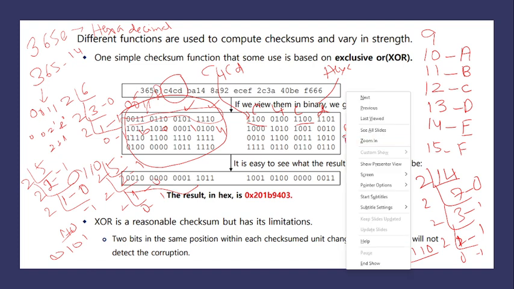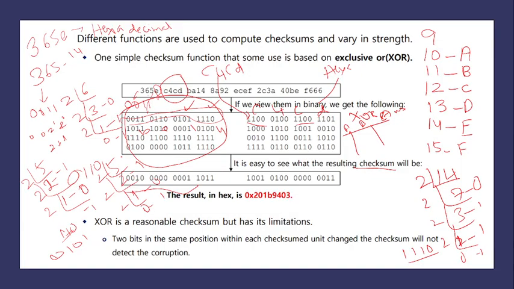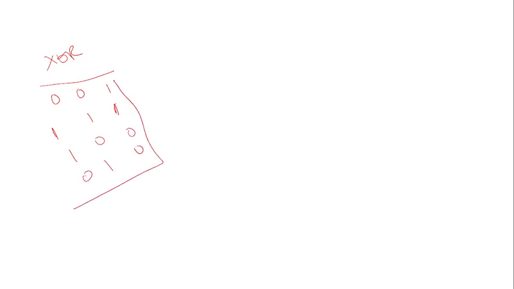So XOR of 0 and 0 becomes 0, 1 and 1 is 0, 1 and 0 is 1, and 0 and 1 is 1. This is the truth table for the XOR.